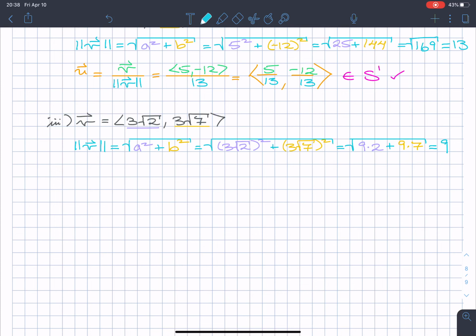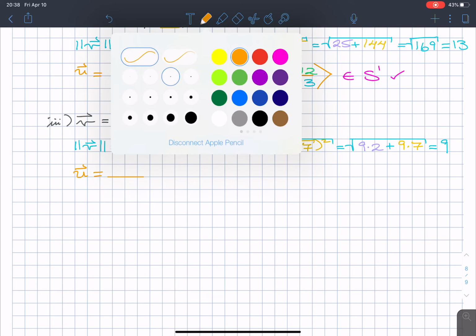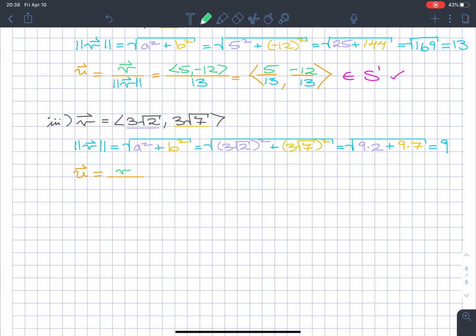Okay, so therefore the unit vector in the direction of v is going to be v divided by the magnitude of v, so vector v divided by the length or radius or magnitude of v. Okay, so vector v was 3 root 2, comma 3 root 7, all divided by the magnitude, which was 9.